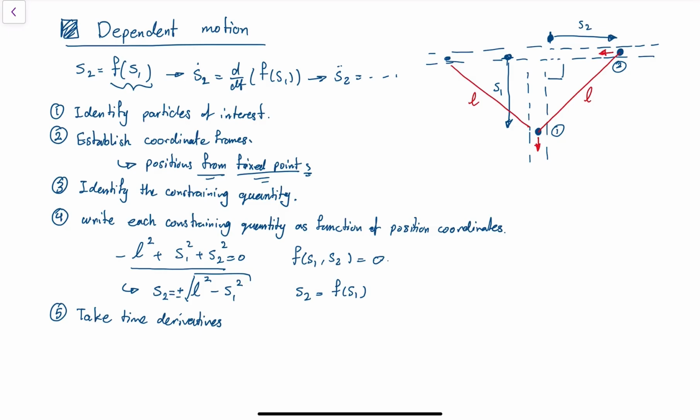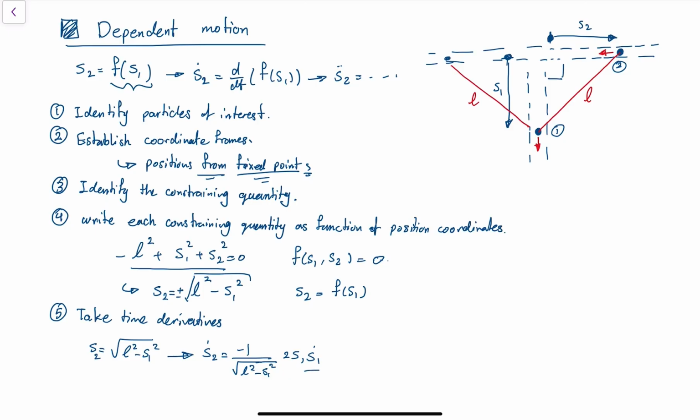So when S2 is plus or minus, let's take plus. When S2 is the square root of L squared minus S1 squared, you can take S2 dot, right? Equals, now I'm taking the derivative of the final one, 1 over 2 times the square root of L squared minus S1 squared, times minus 2 S1 S1 dot.